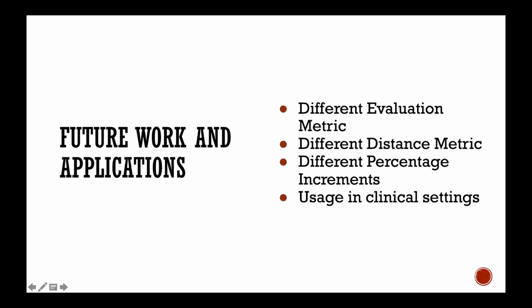There could also be different percentage increments, so instead of starting out with 5% each time and going all the way up to 100, it could be a smaller percentage increment up until 40, since we know that 40 is when clustering stops working. And in the future, this clustering technology in LBD could be used in clinical settings.